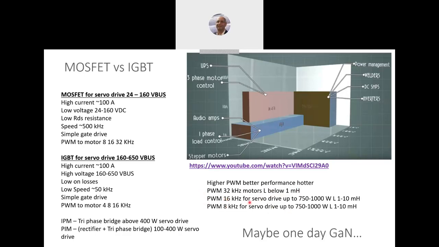It's for all the drives that go up to 1 kilowatt, and the motor inductance is between 1 to 10 millihenry. If you go above 1 kilowatt, you probably go down to 8 or 4 kilohertz of switching the three-phase bridge.